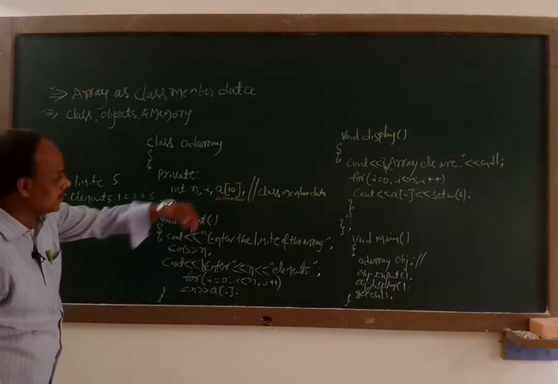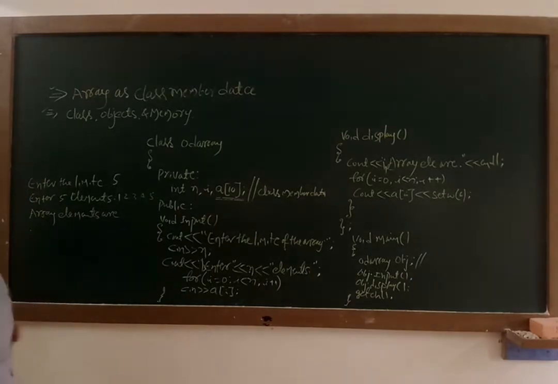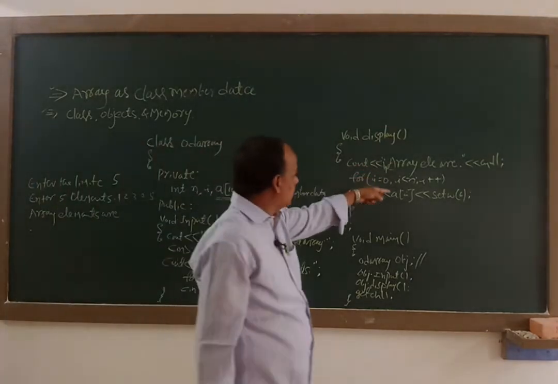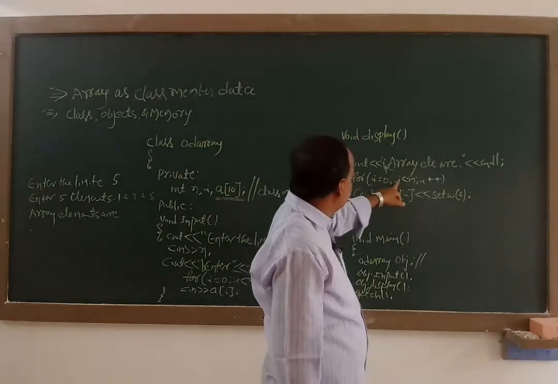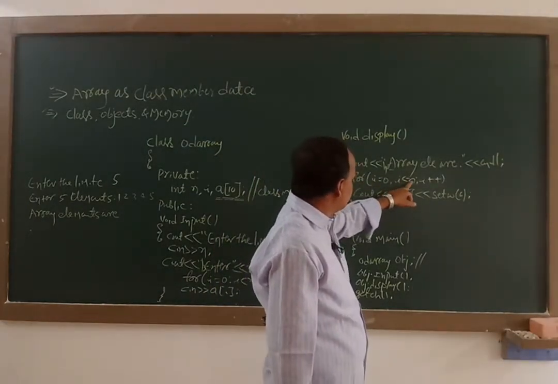Endl is there, so the cursor comes here. Array elements are, right, for loop: for i equal to 0, i less than 5, 0 less than 5, yes.